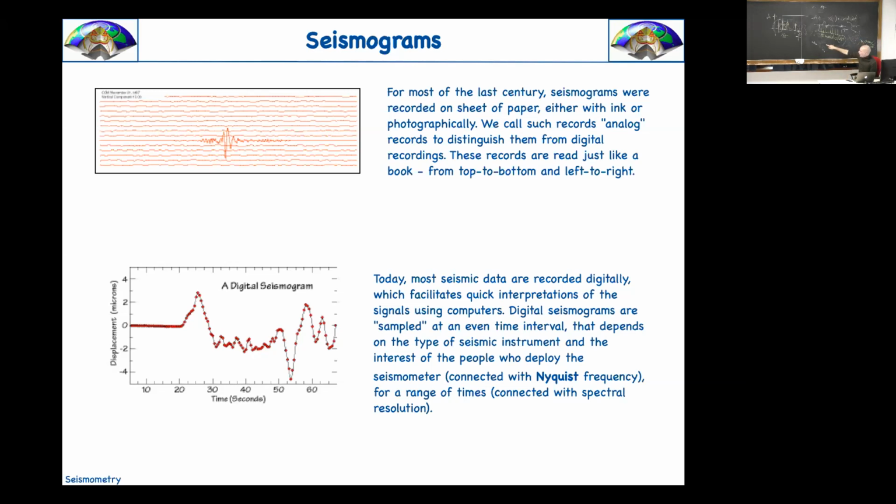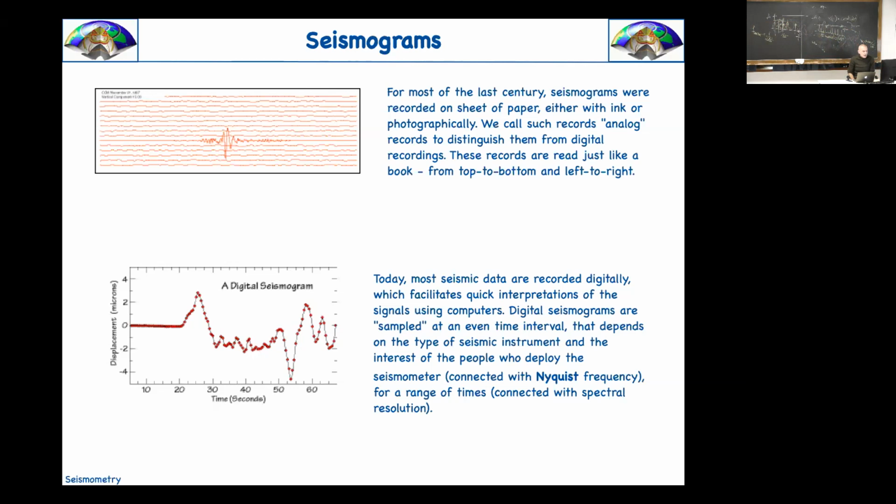Well, to avoid overlap between the alias and the original spectrum, the F max that you can reproduce efficiently has to be less than 1 over 2 delta t, because we have to be separated. It's called the Nyquist frequency.